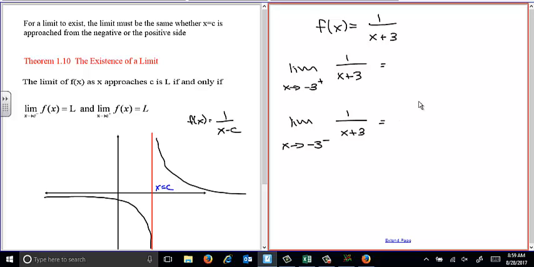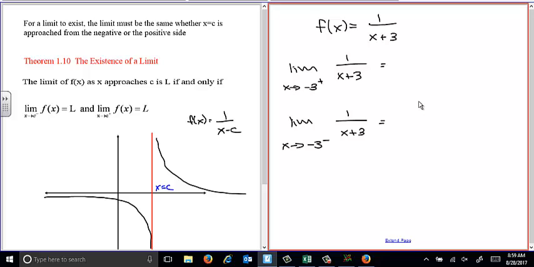Now here there's kind of an exception, because we said the limit without left or right hand side does not exist. We said two reasons. One was because one went to negative infinity and the other went to positive infinity. We also said infinity does not exist, but we're going to make an exception here.